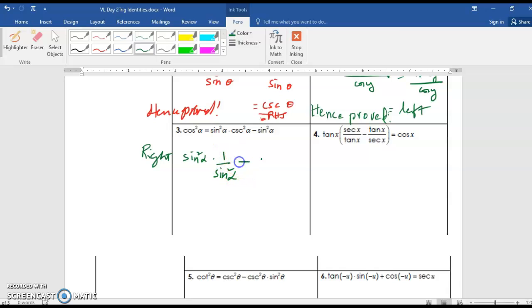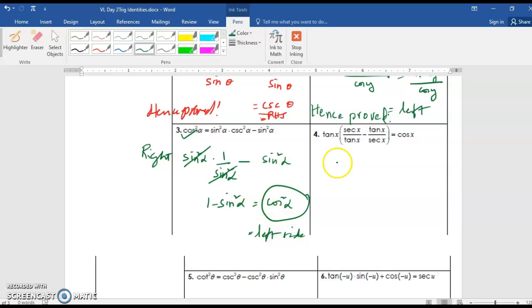Actually, it's just a two-step problem. So let me finish it though. Wouldn't these cancel off? And what we are left with is 1 minus sine squared alpha. And from the Pythagorean identity, this is the same as cos squared alpha, isn't it? So isn't that the same as the left side? Hence proved.